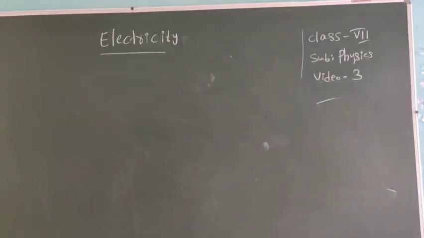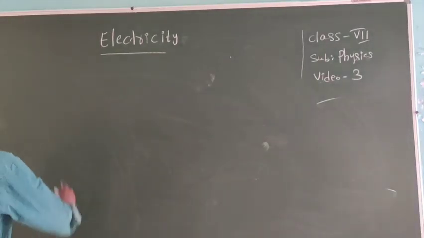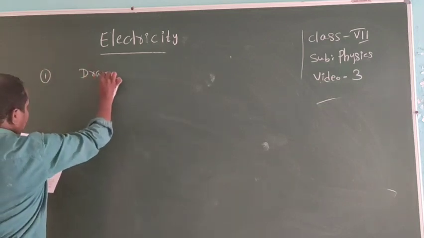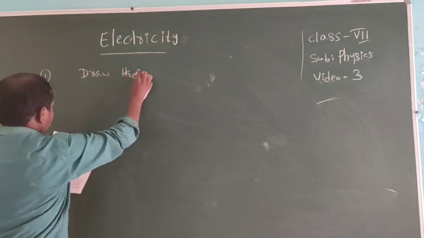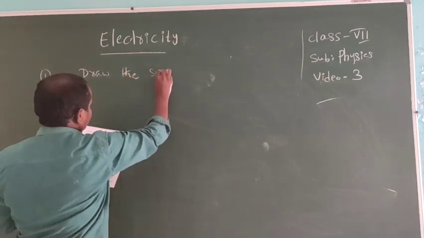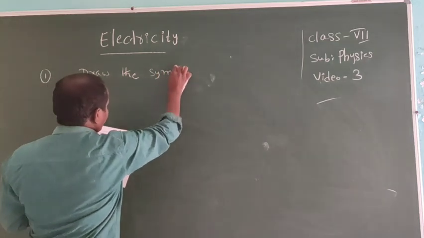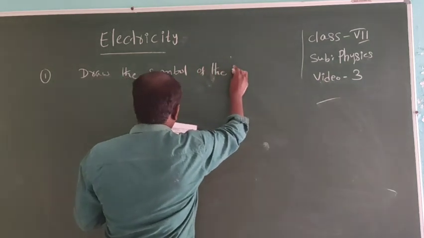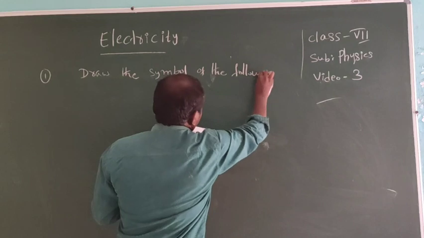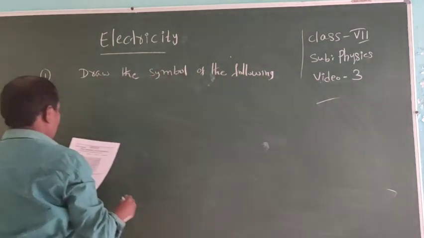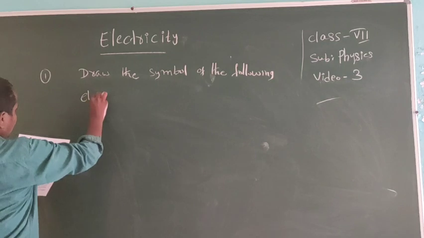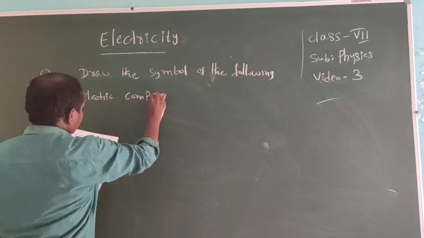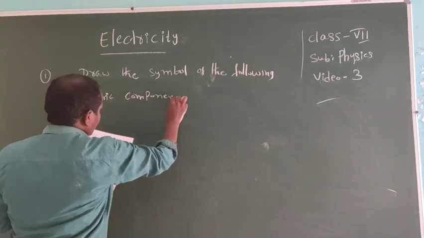Okay, now the question and answer summary. First one, draw the symbol of the following electric components.